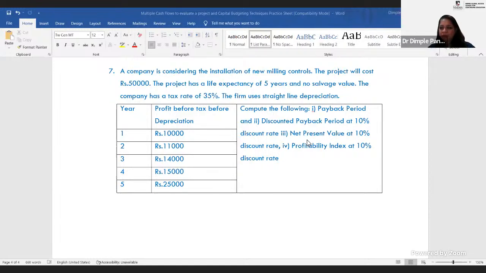But sure. Anything that you want me to discuss regarding PI or IRR or project comparison? Just remember that for each of the methods that we have seen, you always need to know which project you are going to select and why.